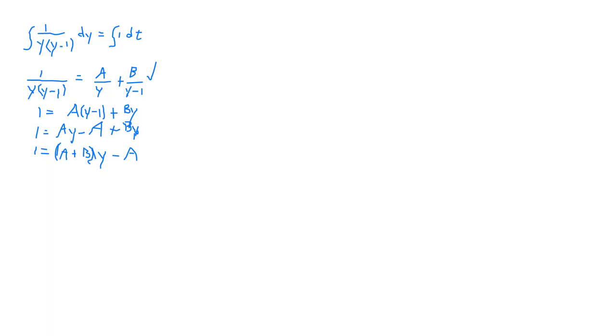Okay, so for this equation to be true, the left side needs to equal the right side, right? The left side needs to equal the right side. So what does a plus b have to equal? 0. Good, Zachary, because 1 is like 1 plus 0y.